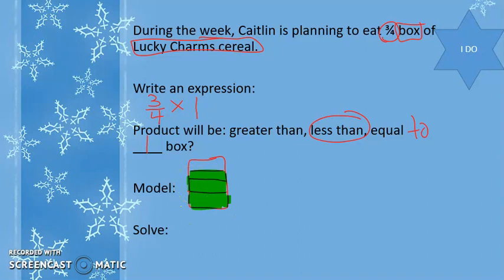And so if we solve using the standard algorithm, we have 3/4 times 1. Remember, we can put 1 in the denominator because it doesn't change the value of that 1 whole. And 3 times 1 is equal to 3. 4 times 1 is equal to 4. So we get 3/4 as our product. And we are correct in that it is less than 1 box.